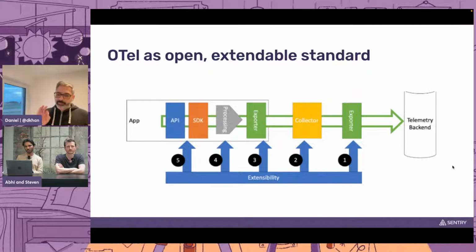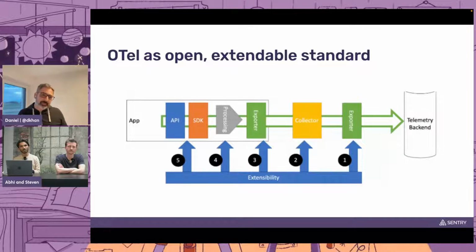To give you an impression of OpenTelemetry in a nutshell, I have this architecture diagram that is shared pretty frequently. The takeaway for you is OpenTelemetry is a very extensible platform. You can even switch out the whole SDK and just use the API, for instance. You can plug into the processing pipelines, which we are doing, and you will see it in a second.